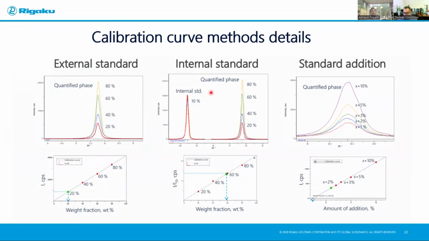In internal standard, you have an internal standard, a consistent one. Let's say a 10% reference sample is added, and you're doing pretty much the same thing as the external standard, but it is a little superior because any changes in the internal standard upon measuring, you can relate to the same amount in the unknown sample you are trying to know.